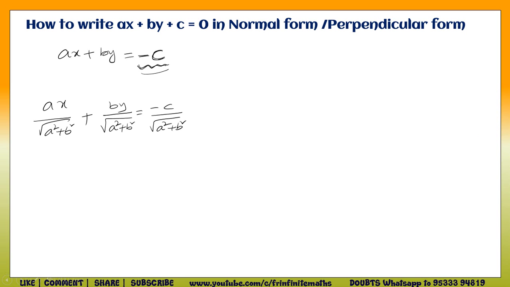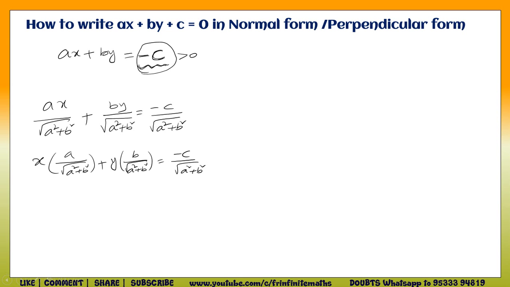So what I said here is, if minus c is positive, then directly divide by root a square plus b square, then write it as x into a by root a square plus b square plus y into b by root a square plus b square is equal to minus c by root a square plus b square.